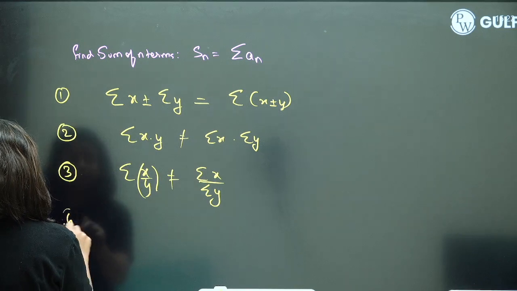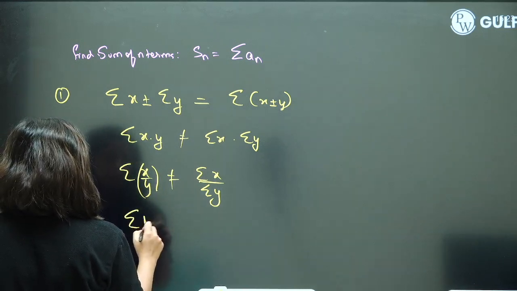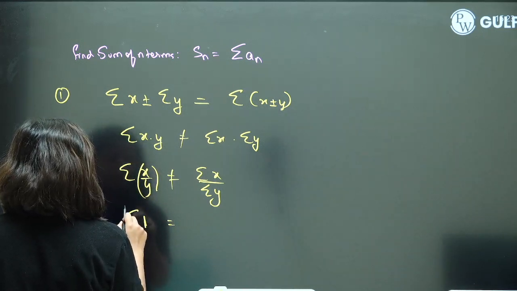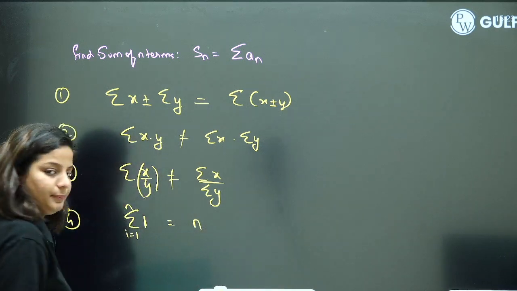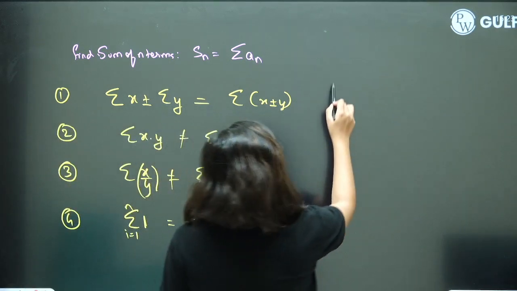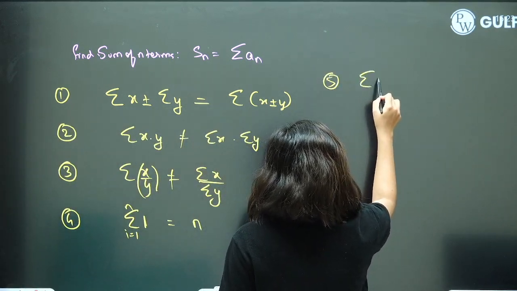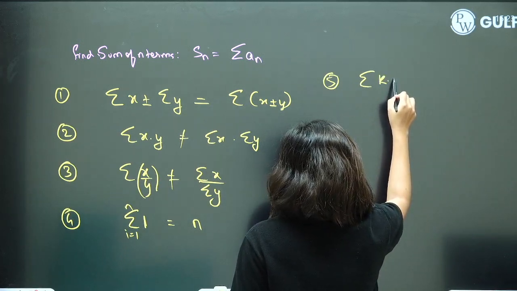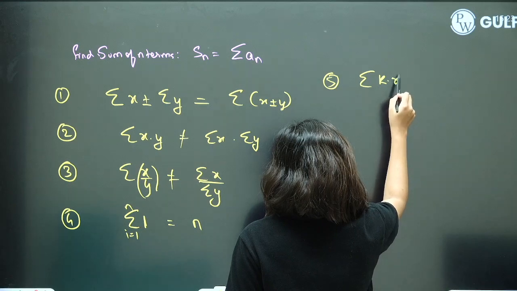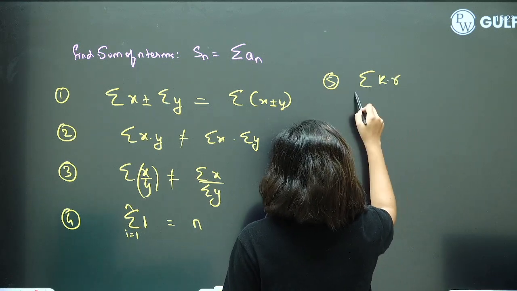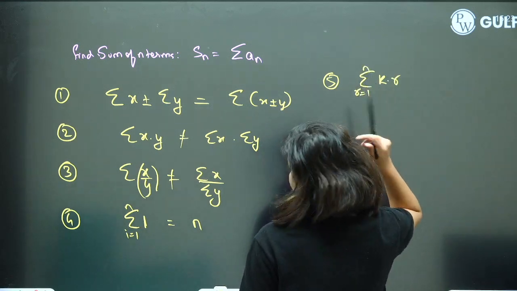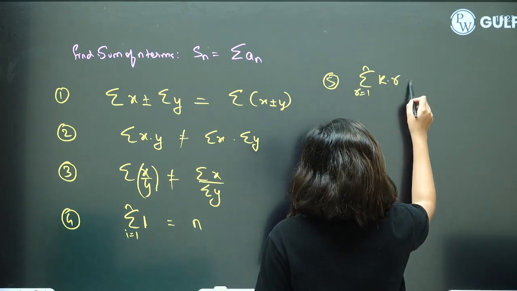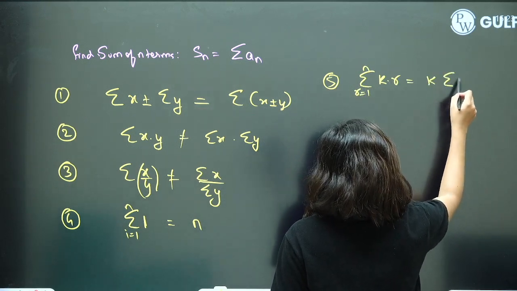Next thing, what is summation of 1? I going from 1 to n is simply n. If there is summation of, let's say, some constant into r, r going from 1 to n, then k comes out.